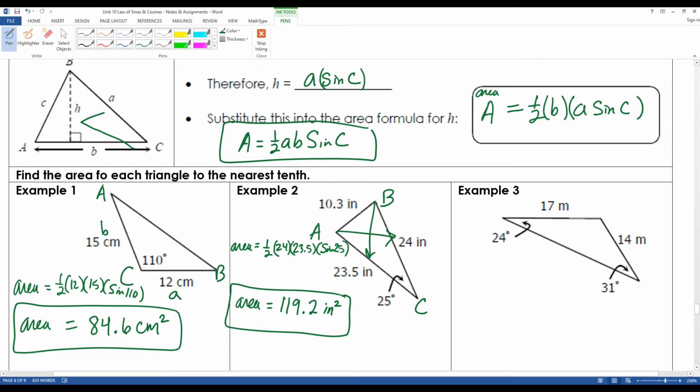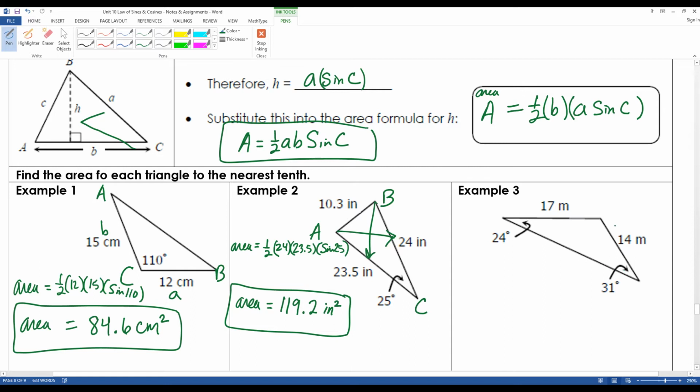Okay, what do we have here? We have example 3. Well, pick an angle. I'm going to have to use 17 and 14. So I cannot use the 24 and the 31 because those angles match up.